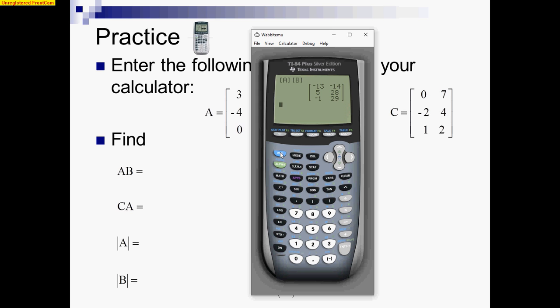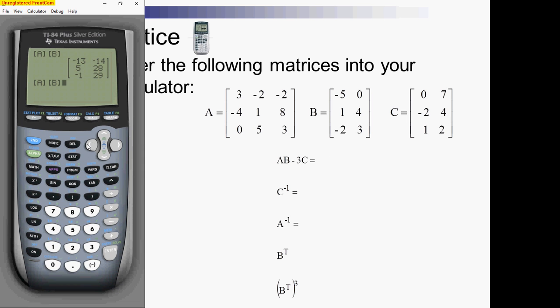Now, just to show that matrix multiplication is not commutative, what if I do second enter, but instead of doing this, I do matrix B times matrix A. Dim mismatch.